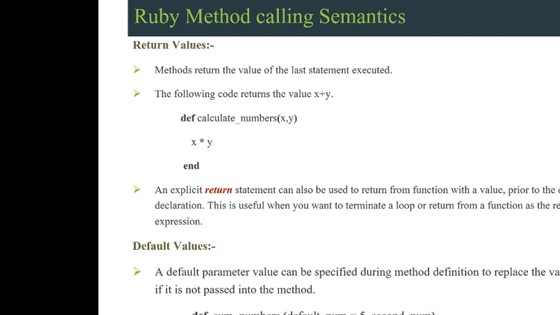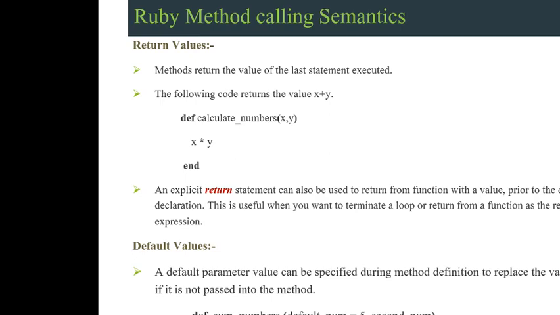We also talked about return values. A method will always return some type of value in a Ruby program. Even if you don't say return x multiplied by y, it will return that value regardless. Whatever the last statement is in the Ruby method, that value is returned.